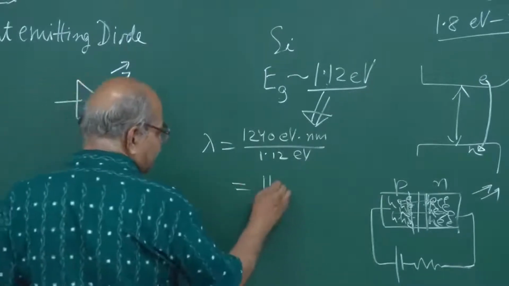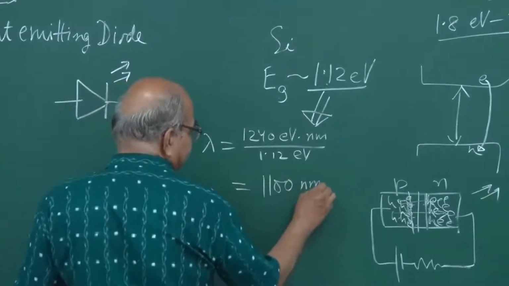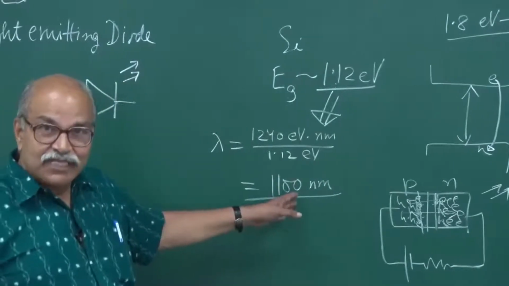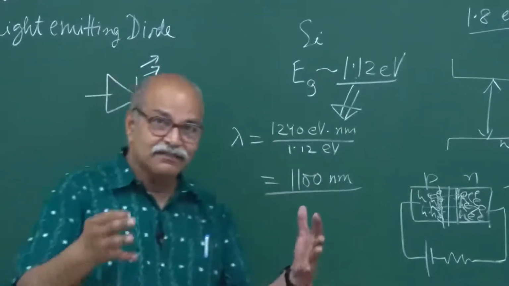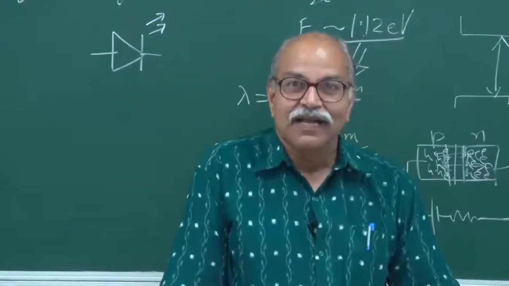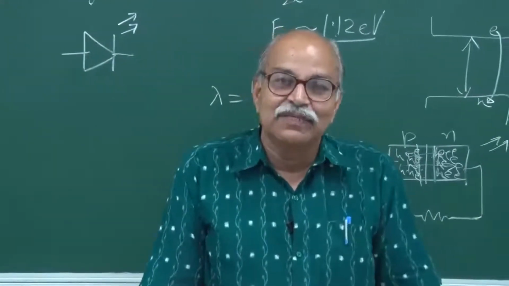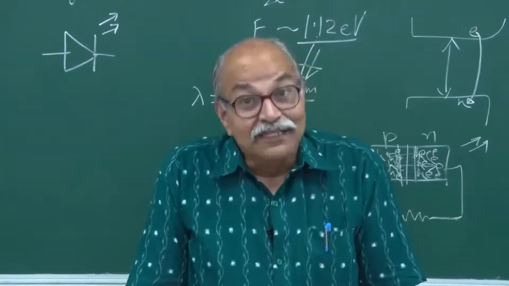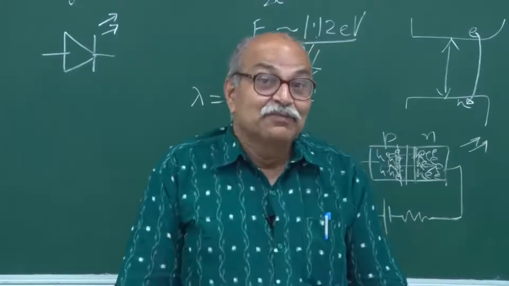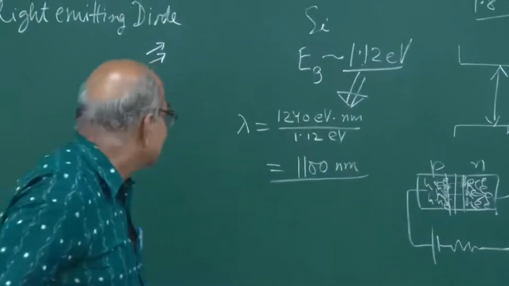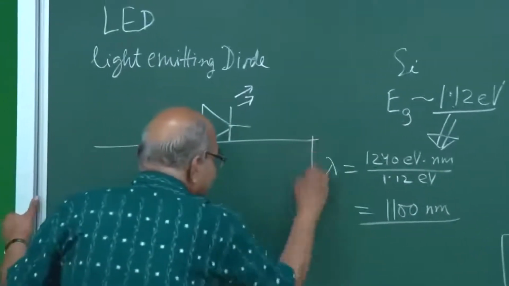That will be somewhere around say 1100 nanometer. Infrared. So, does it mean that when I pass a current in a silicon p-n junction, I will get 1100 nanometer infrared radiation? It does not work out that way because of another physics. Let me give a brief introduction of that.